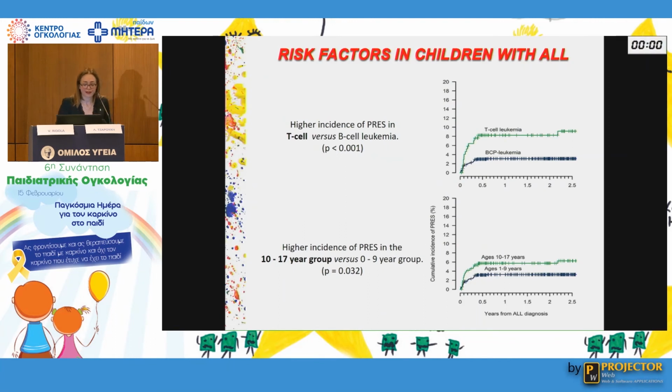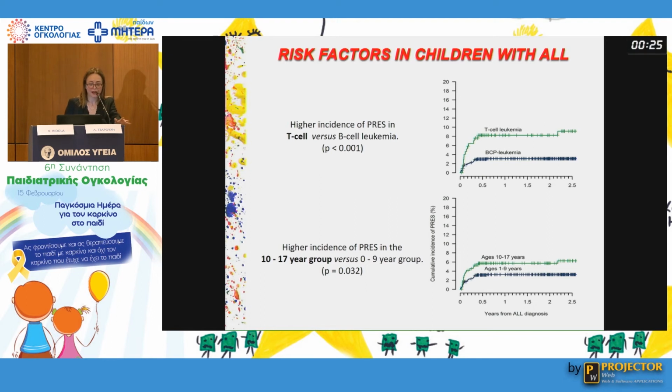The authors of this study were able to identify risk factors for PRES. As we can see in this Kaplan-Meier, it seems that children with T-cell leukemia are more prone to develop PRES compared to children with B-cell precursor leukemia.